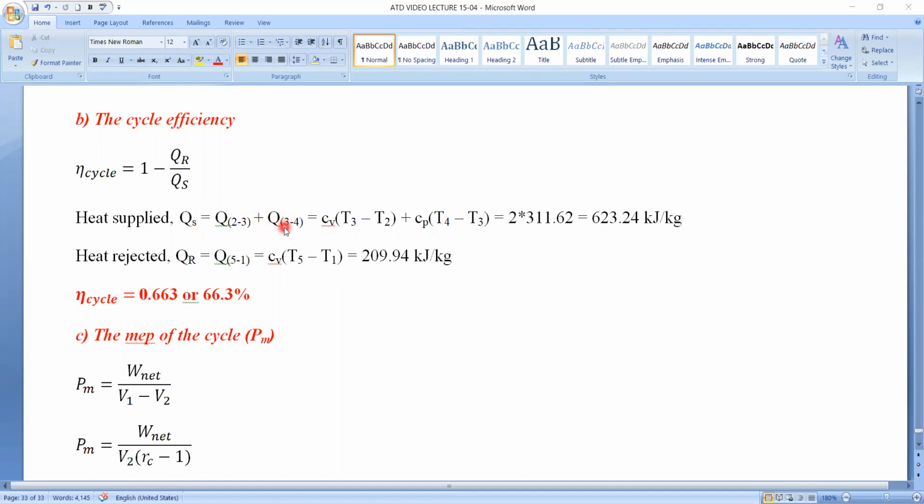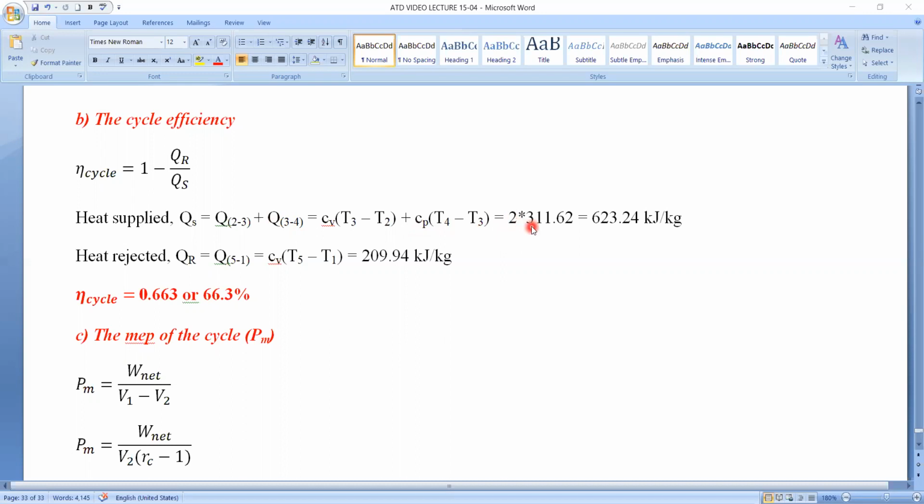Since in the problem he has given both are equal, for the heat addition at constant volume we have the equation Cv into T3 minus T2, and heat added during the constant pressure process equals Cp into T4 minus T3. So we have to multiply this with 2.